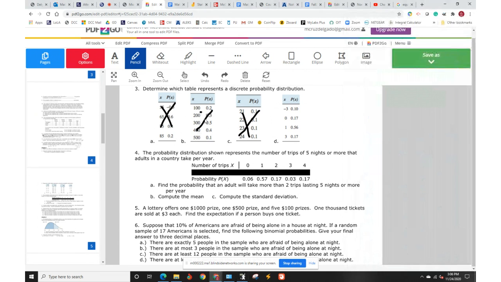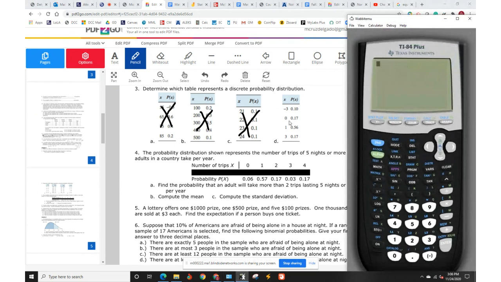So this one likely is going to be a good one. And this is one of the things they do like to do, they're putting the negative over here, but the outcome can be negative. It's just the probability can't be negative. So this one is a good one.